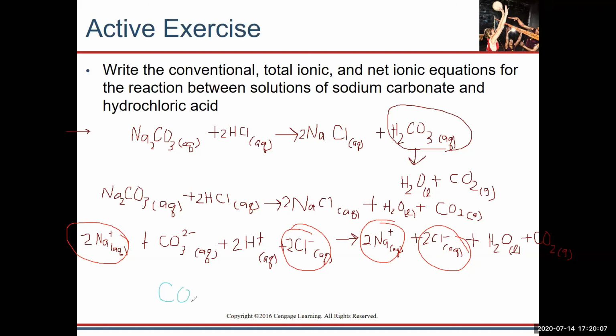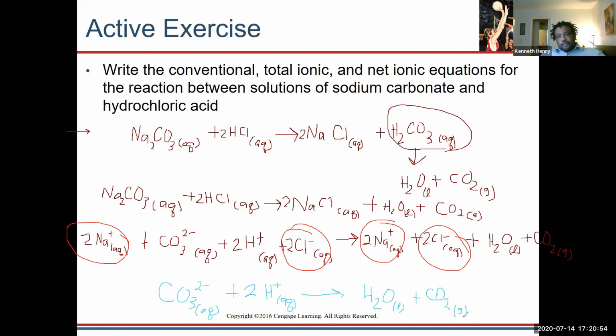CO3 2 negative. Okay, piece of cake. So that's an example of where you have unstable products that break down even further.